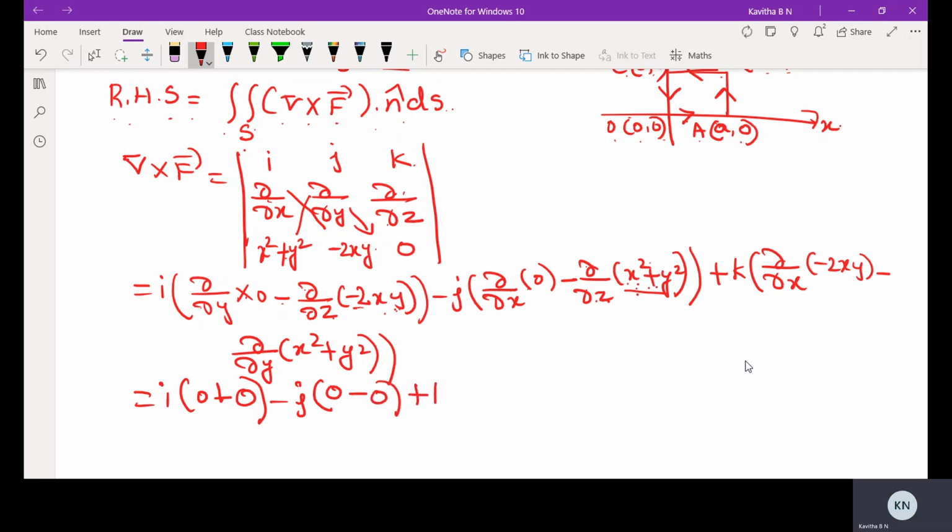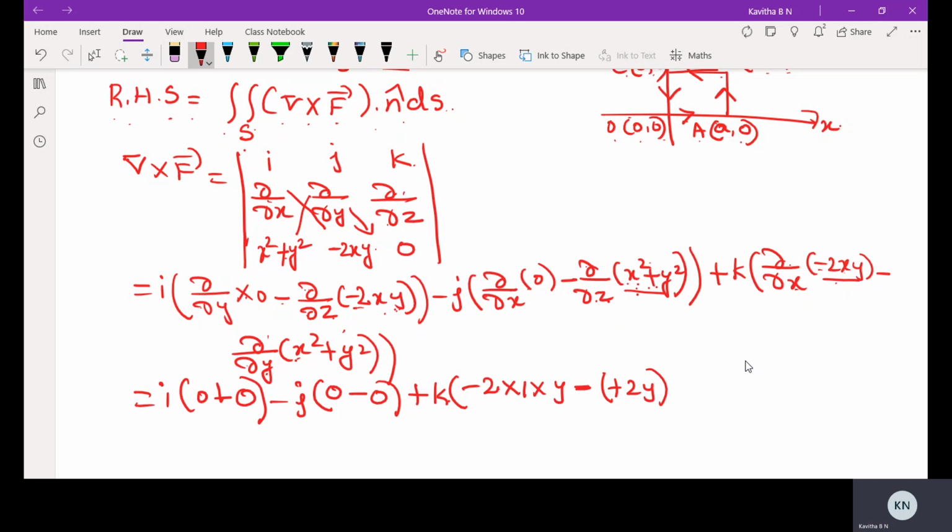Then plus k into del by del x into minus 2xy, partially differentiating with respect to x. Minus 2xy means minus 2 into y. Then minus del by del y into x square plus y square, partially differentiating with respect to y: x square is 0, but y square gives plus 2y.